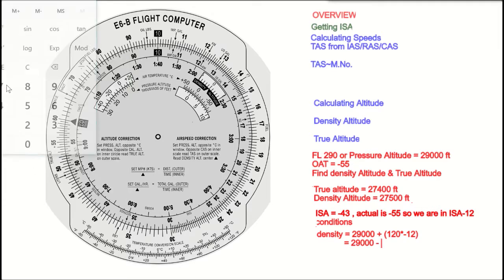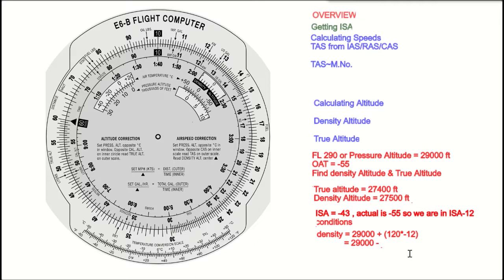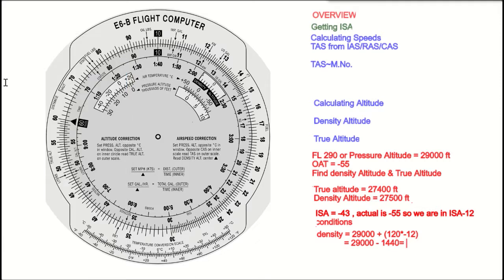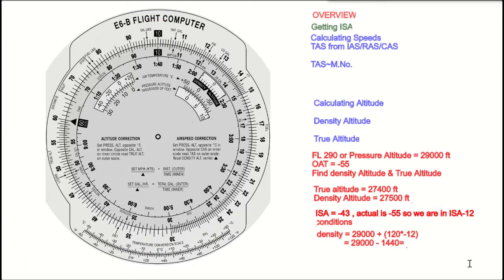On the calculator, 120 into 12 is 1440. 29,000 minus 1440 gives you 27,560.